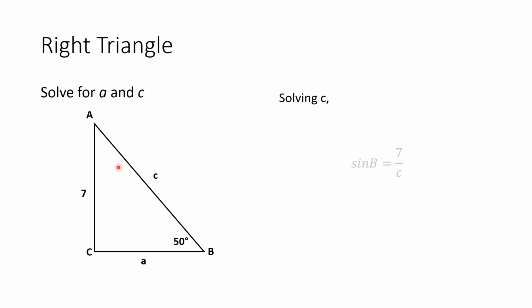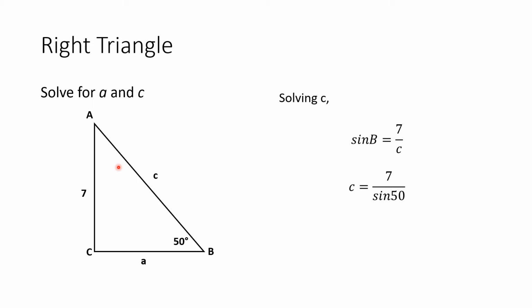So, we have now sine B is equal to the opposite side, which is 7, over the hypotenuse, side C. Substituting the value of our angle B, which is 50 degrees, we have now C is equal to 7 over sine 50 degrees.